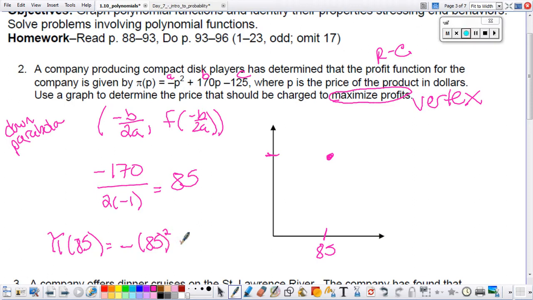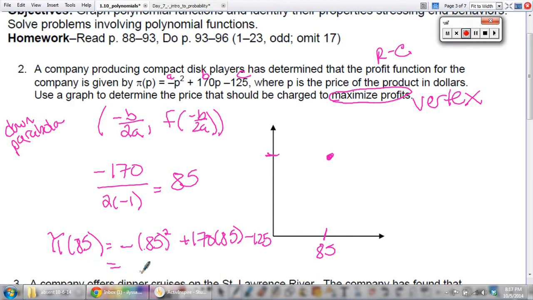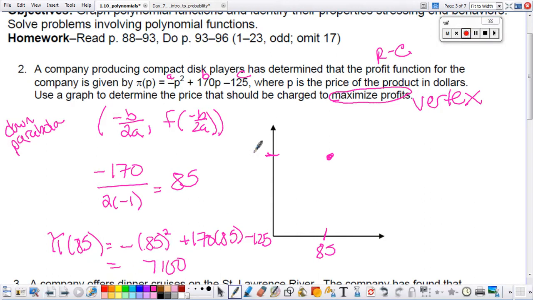Notice where I put the parentheses when I'm plugging in the 85 to the p squared. And that's going to equal 7,100. So the maximum profit is at the price of $85, and the profit will be 7,100. And because it's an upside down parabola, I'm just going to sketch the quadratic.